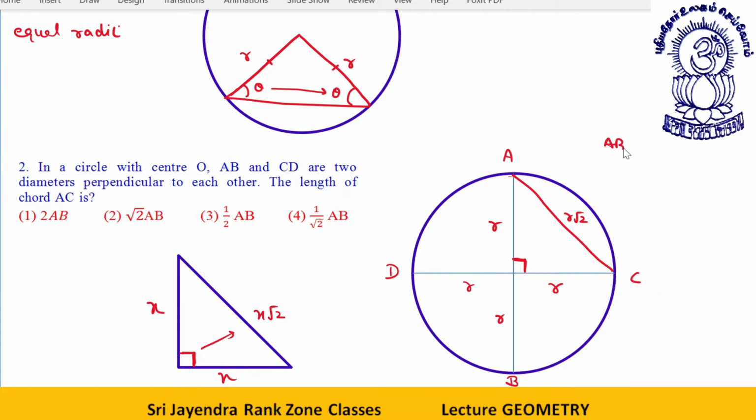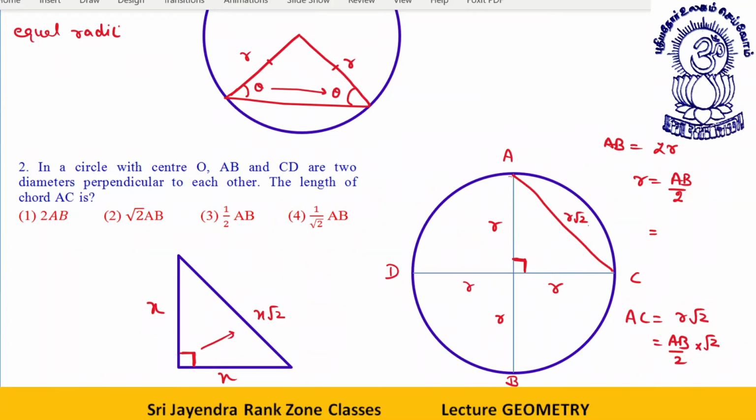What is AB, my dear students? AB is 2r. So I can say r is equal to AB by 2. So AC is r into root 2, and in terms of AB, AC is AB by 2 into root 2.